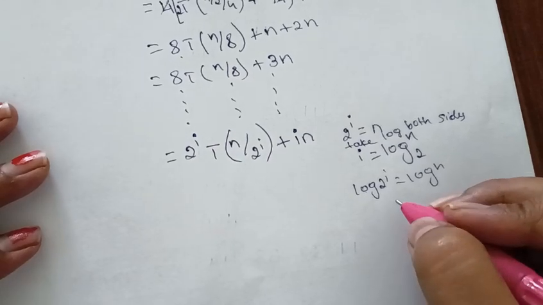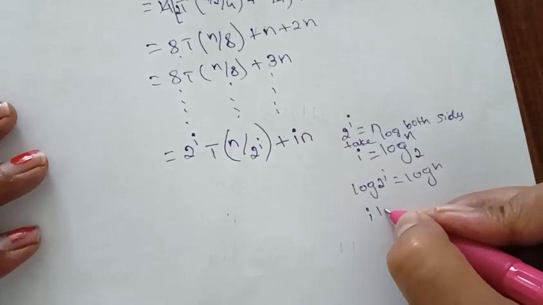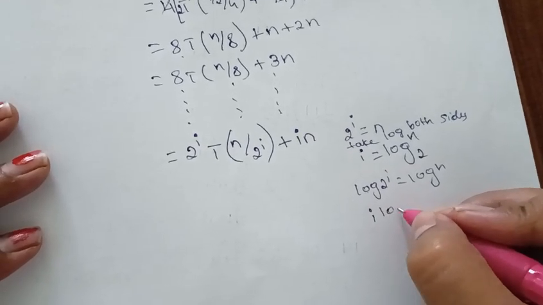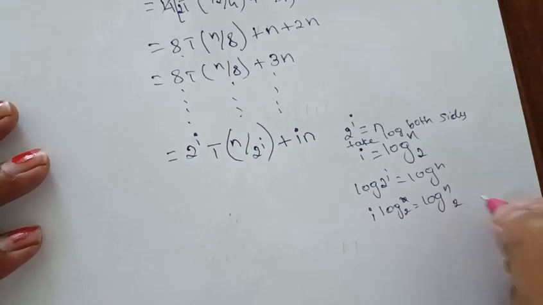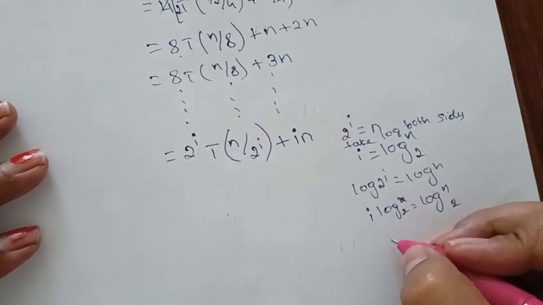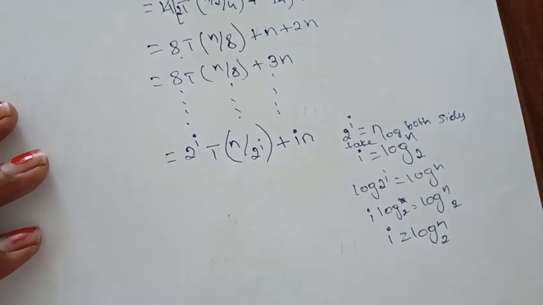This one I'll just get as i into log 2 to base 2 is equal to log n to base 2. So log 2 to base 2 is 1 itself. i is equal to log n to base 2.